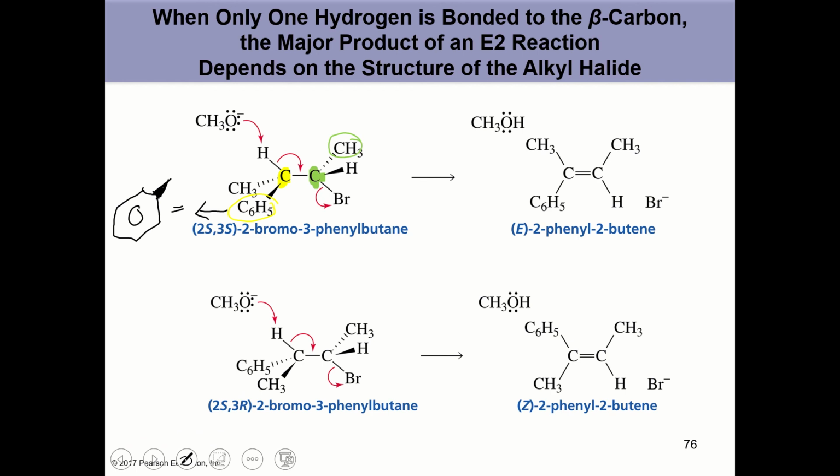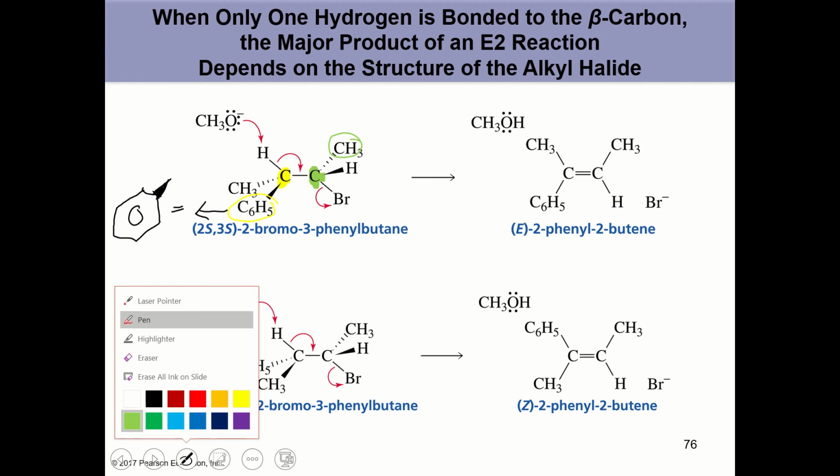So when those two groups are anti to one another, as indicated by one being on a hatched wedge and one being on a solid wedge, then that is a stable conformation. The other conformation will be the Z isomer, and that will be the minor product. And this conformation occurs.